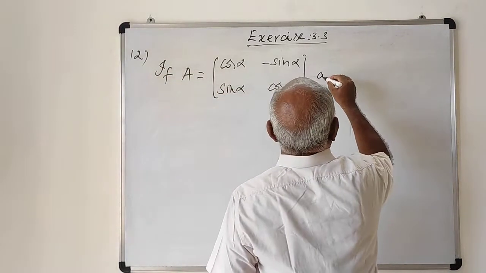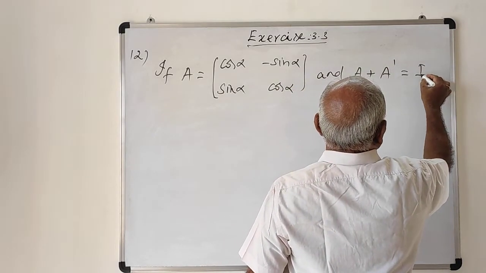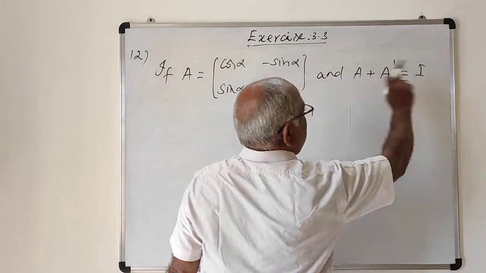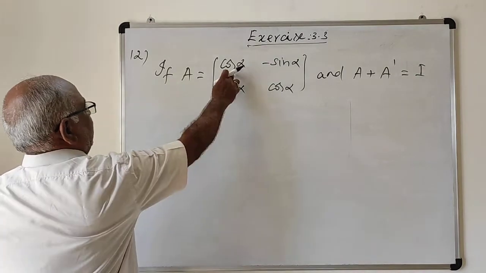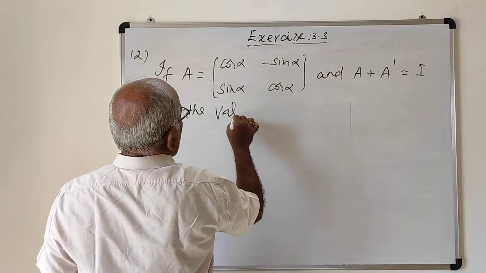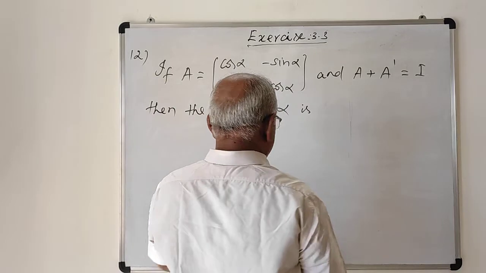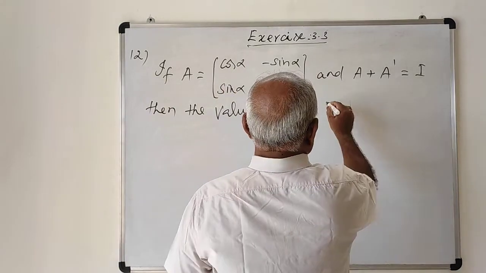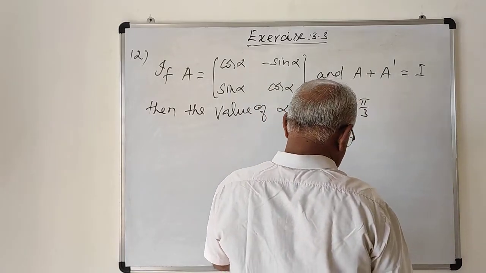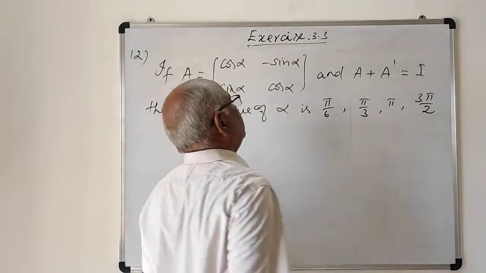And the condition is also there: A plus A dash equal to identity of order 2, I2, a 2 by 2 matrix. Then the value of alpha is, four options are there: pi by 6, pi by 3, pi by 6, pi by 3, pi, 3 pi by 2. These are the four options given.